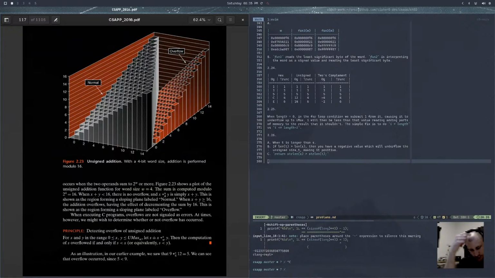When x plus y is greater than or equal to 16, the addition overflows, having the effect of decrementing the sum by 16. This is shown as a region forming a sloped plane labeled overflow.